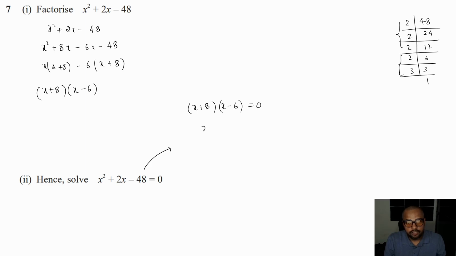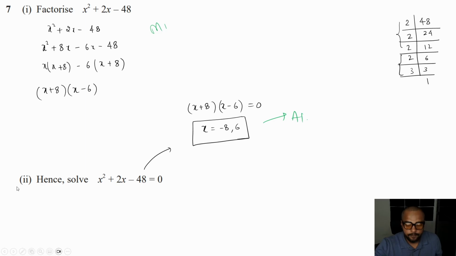From here we get x equals minus 8 and x equals 6. Both values are possible for this case, students. This is how we solve for M1, and for this you will get A1. So the values are 6 and minus 8.